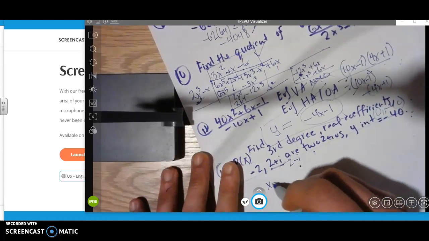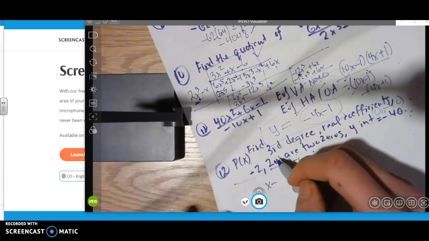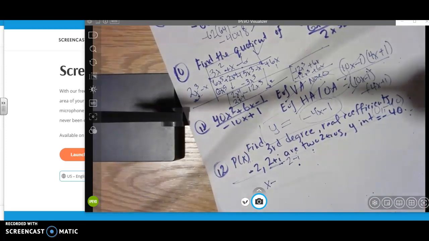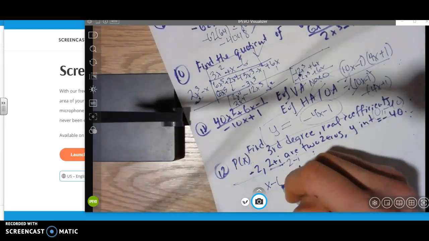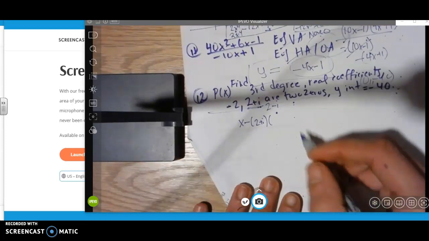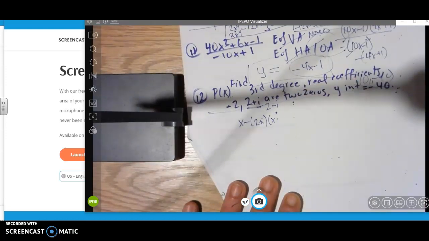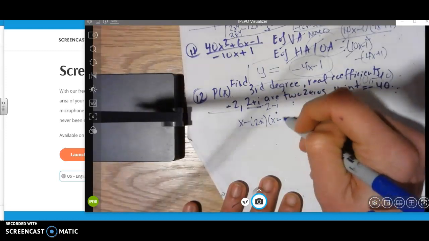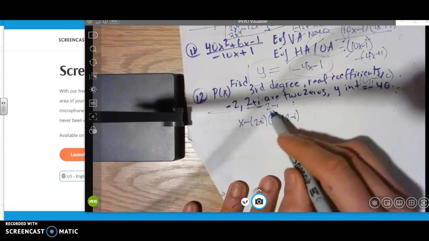So we know we're going to have x minus (2 plus i) times x minus (2 minus i), because these always come in pairs, so it's either 2 plus i or 2 minus i.